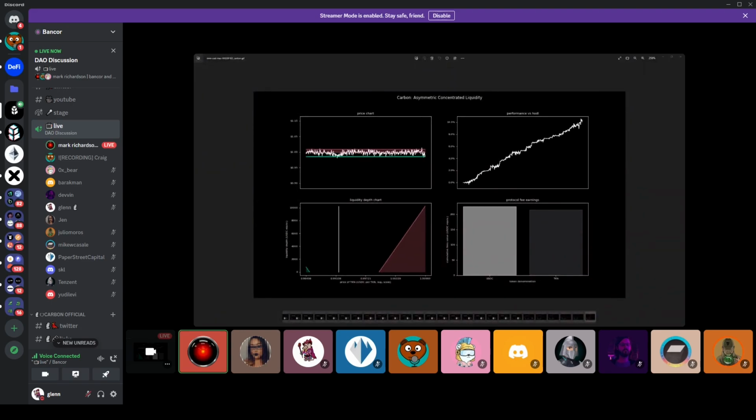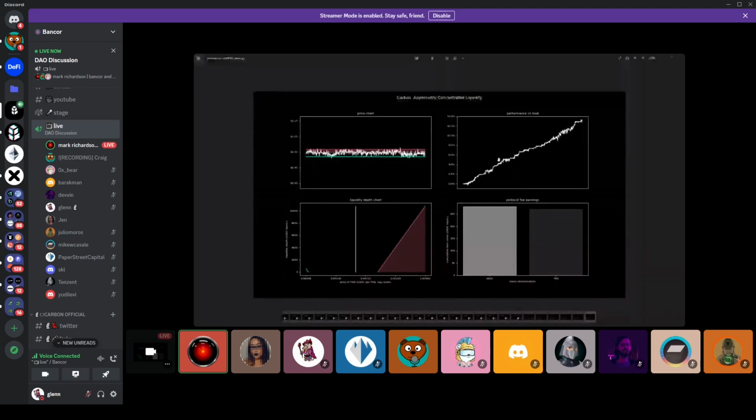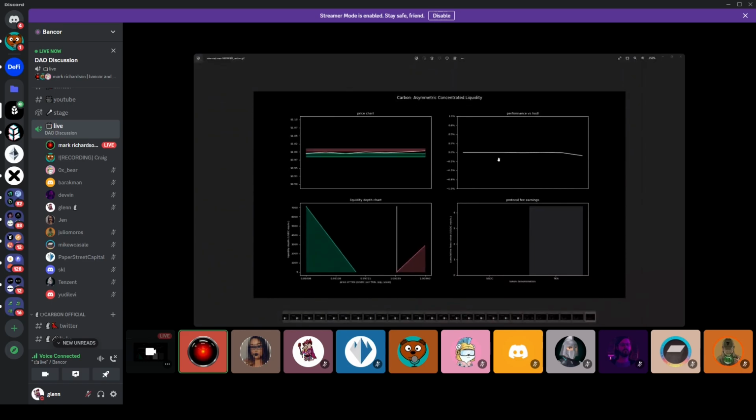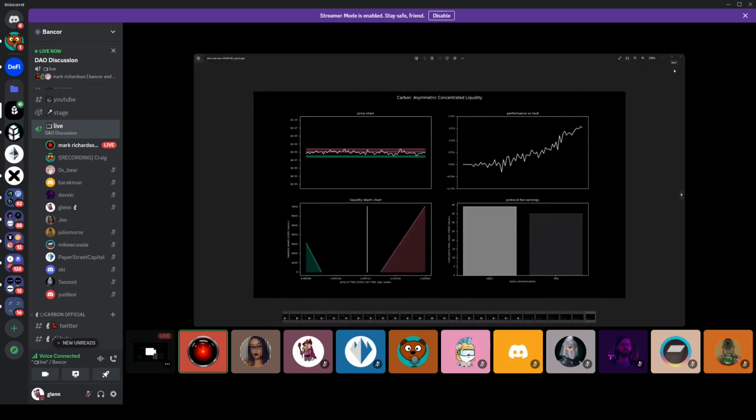But for things like this particular peg, we can see pretty clearly that even though Carbon is still performing admirably, especially compared to other constant product liquidity pools, Uniswap v3 is specifically tailored to benefit from this type of activity. So it's not surprising that in a lot of these stablecoin pairs, it actually does come out ahead.